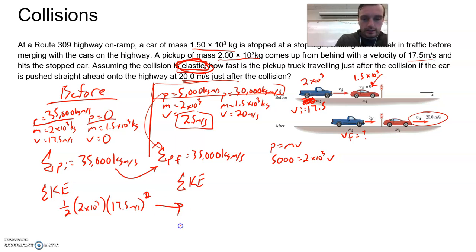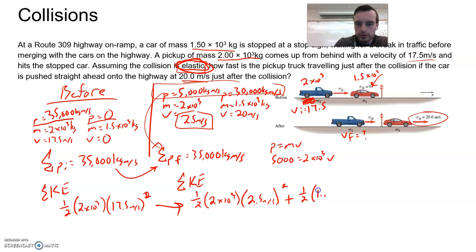And we want to check to see if that is equal to what we have on the other side. So 1/2 times 2 times 10 to the 3, 2.5 meters per second squared. Not meters per second squared, but you get the idea. Look at the equation. That's the truck's kinetic energy after. And then we also have the car's kinetic energy after. So it looks a little something like this.